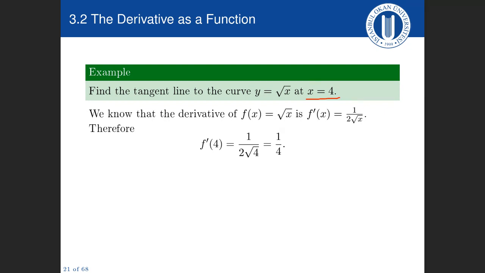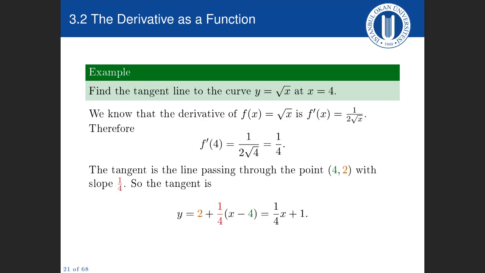If x is equal to 4, then that means y is equal to the square root of 4. So that's y is equal to 2. We want the line which passes through the point 4, 2, and which has slope a quarter. Put these numbers into the formula on the previous slide. The answer to this question is y is equal to 2 plus a quarter x minus 4. Or we can simplify that to a quarter x plus 1.